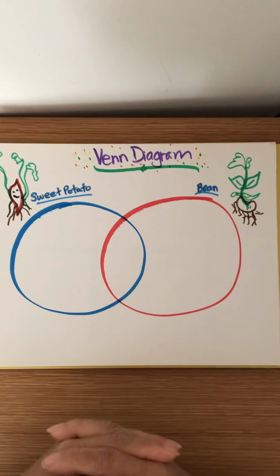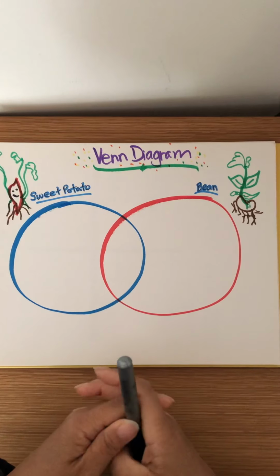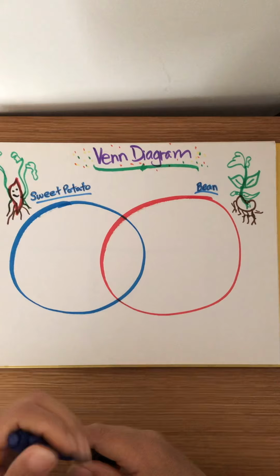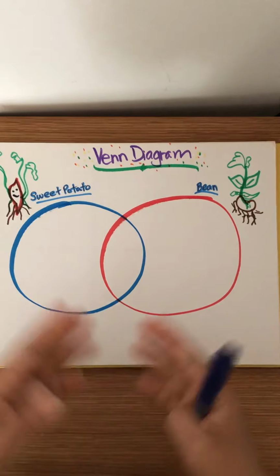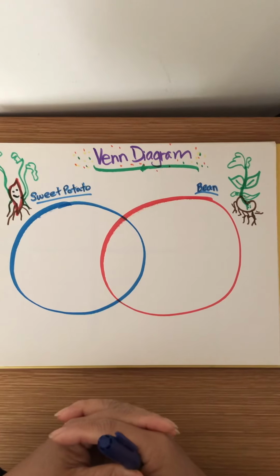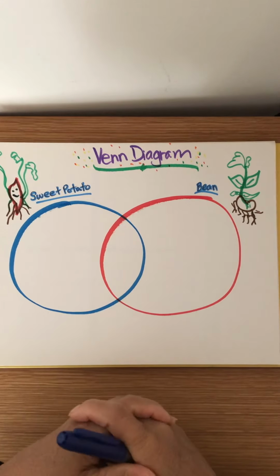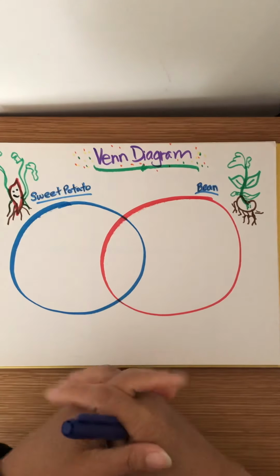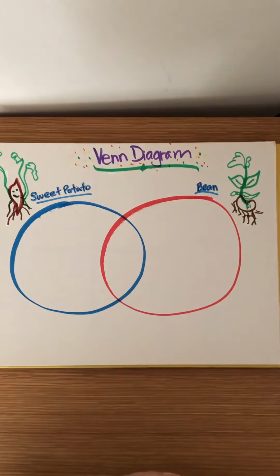I want to do a Venn diagram on these two things because you have an activity where you're going to be comparing a bee and an ant. So let's do the ones with the plant, and then you're going to do one on your own that tells us the difference between a bee and an ant and what it is that they share that is the same. Okay, let's get started.